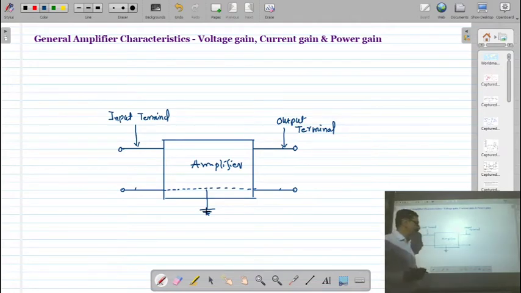Now to operate this amplifier, we have to supply a DC energy source. And I already mentioned that a DC energy source means a battery.